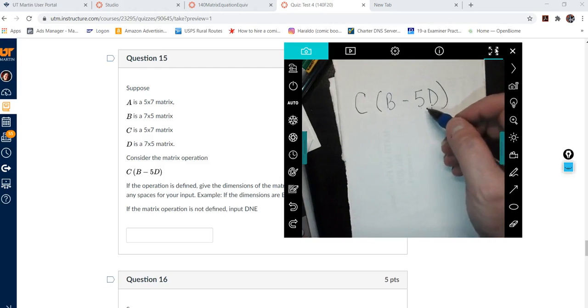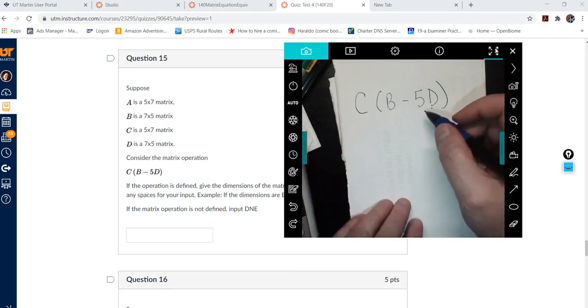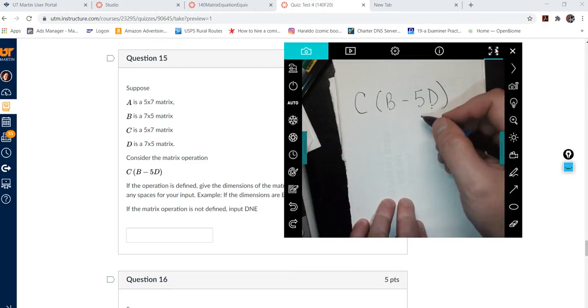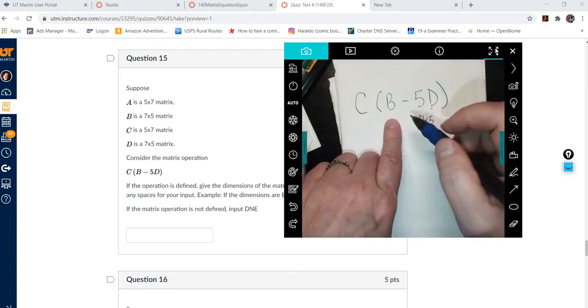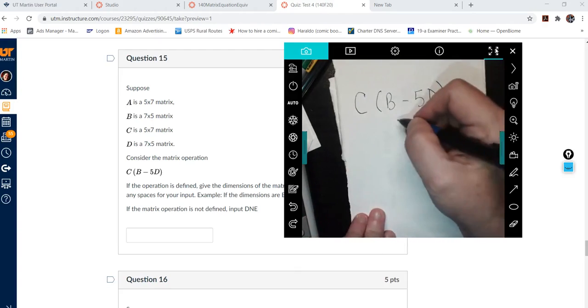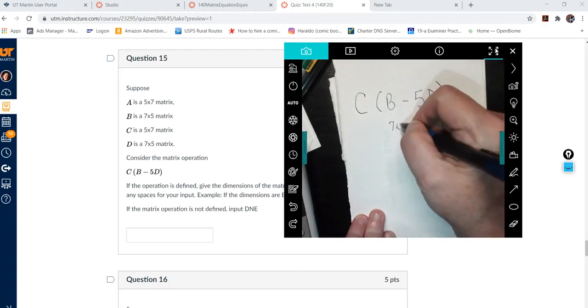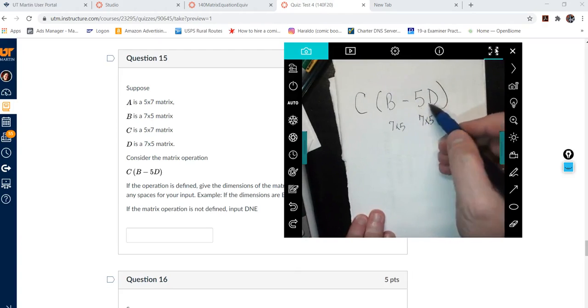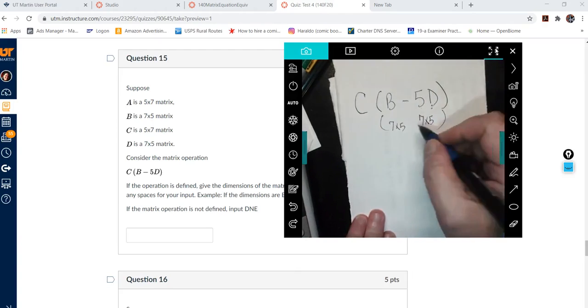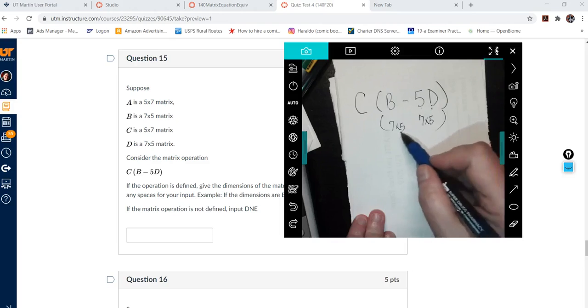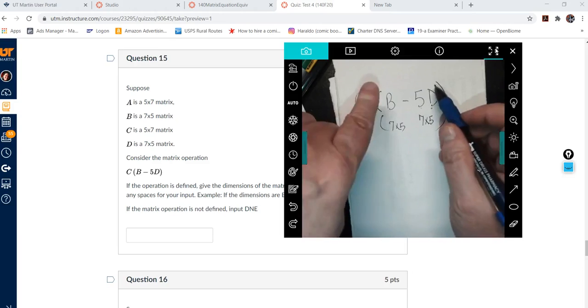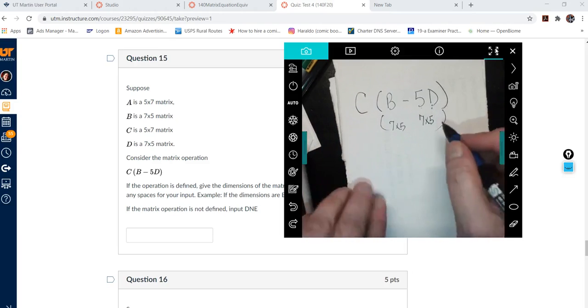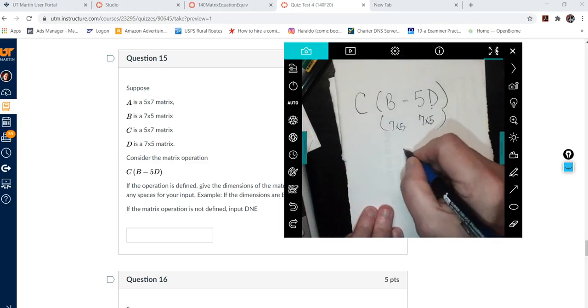Multiplying a number by a matrix, a scalar multiplication, does not change the dimensions. So 5 times D will also be a 7 by 5. Now what about the matrix B? We've been told that B is a 7 by 5. Now, you can add or subtract two matrices if they are the same dimension, and they are. So these inner parentheses will work, and we'll get a 7 by 5.